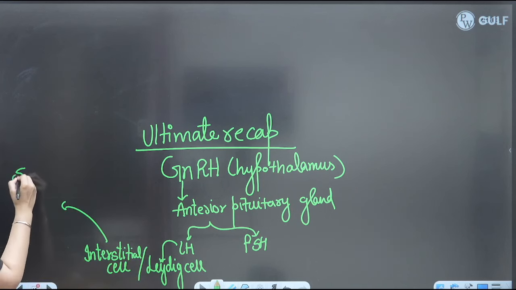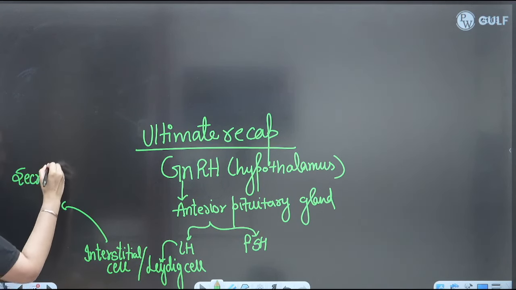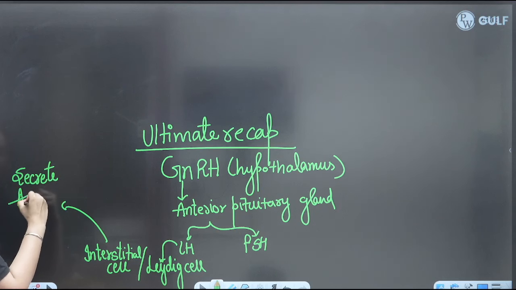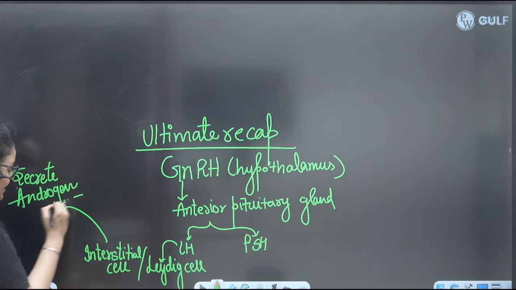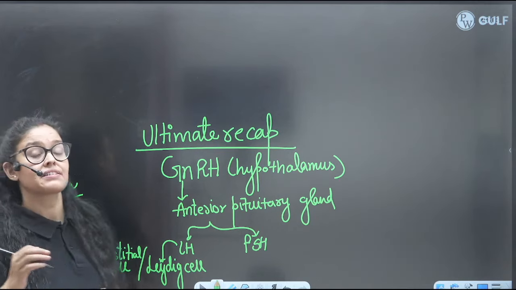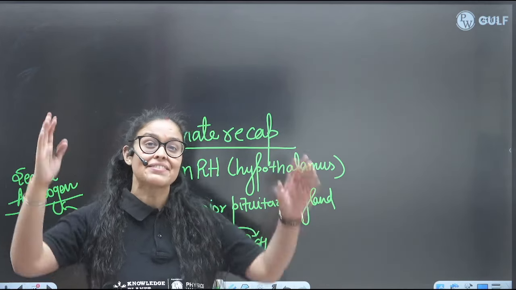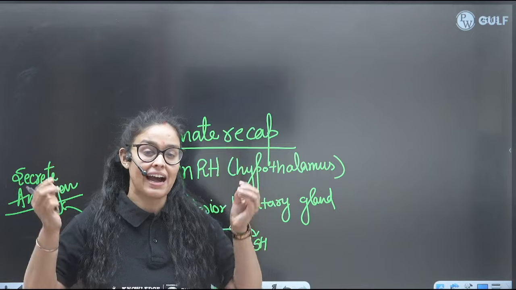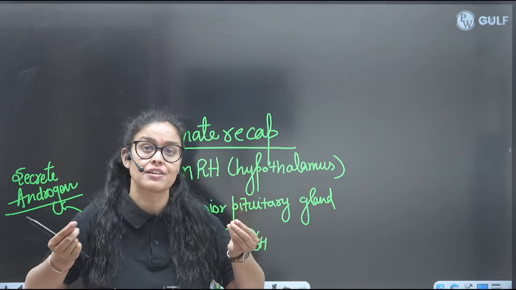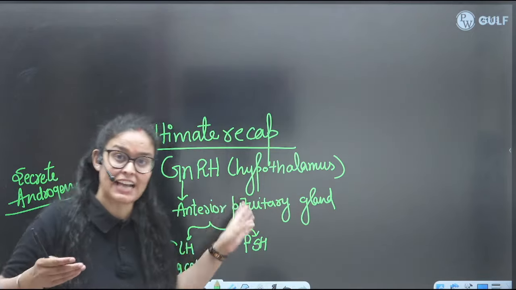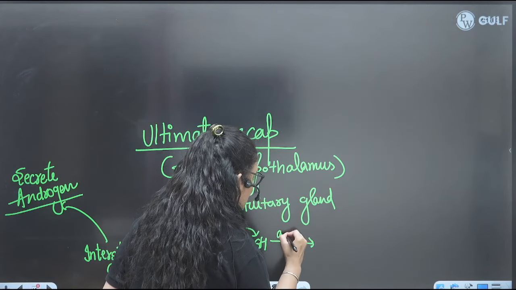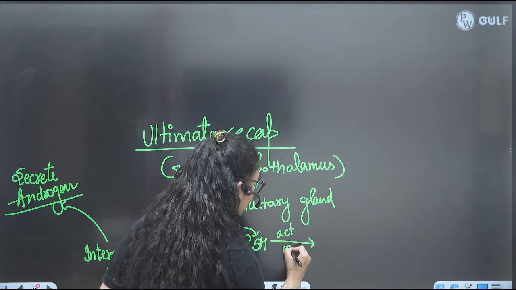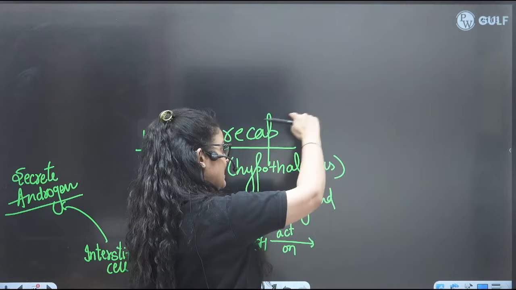It will be secreting androgen, that is the male sex hormone, and the main male sex hormone is testosterone. So obviously I have written everything in that flow chart, and if they are asking you such a question, then you should know that this is how you have to make the flow chart. Same, FSH will act on.